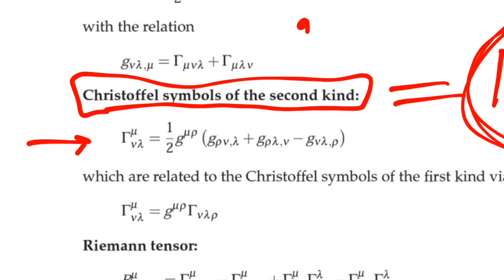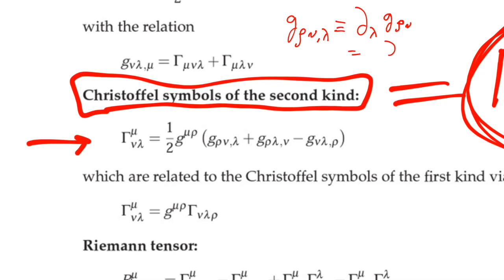So g_{rho nu, lambda}. That's meant to mean the partial derivative with respect to lambda of g_{rho nu}, right?